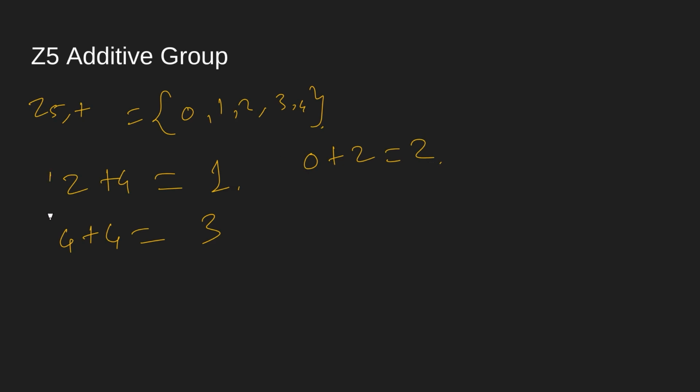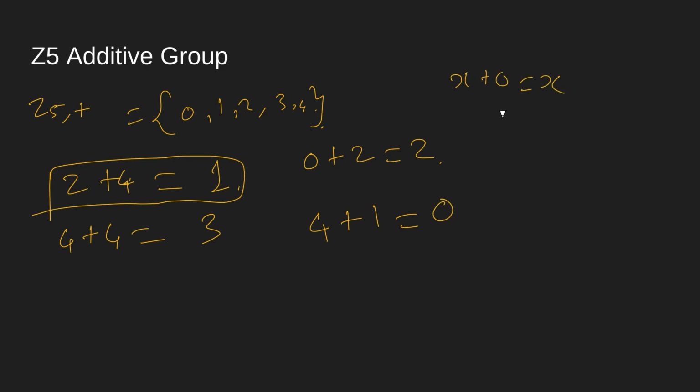Okay, so if you observe 4, which belongs to the set, what should be the inverse of 4? Because 4 plus something, we need to get the identity element. So the identity element under addition is 0, because anything plus 0 will give the same number, right? Any x plus 0 gives us the same x.